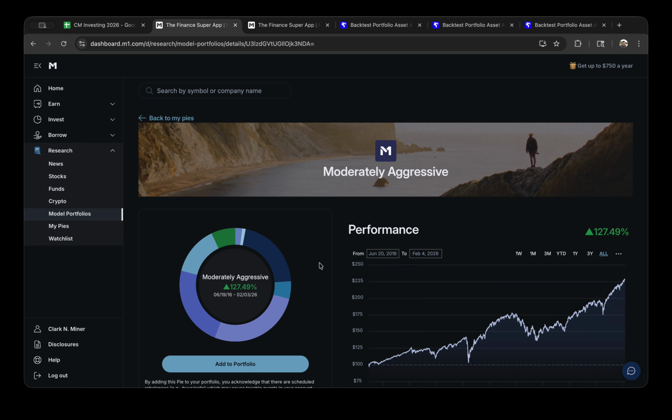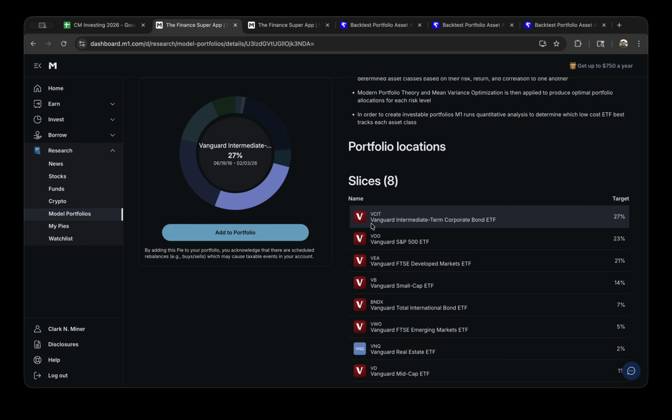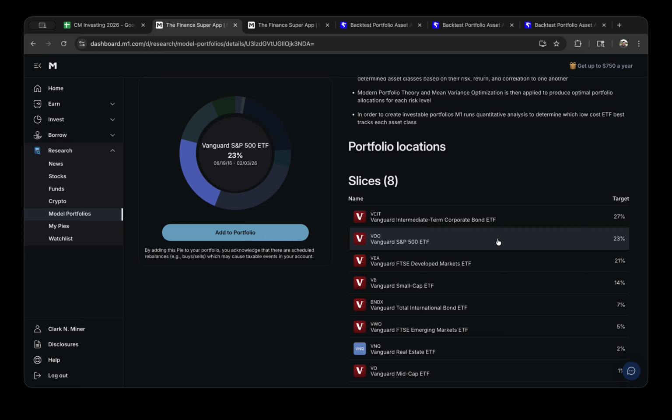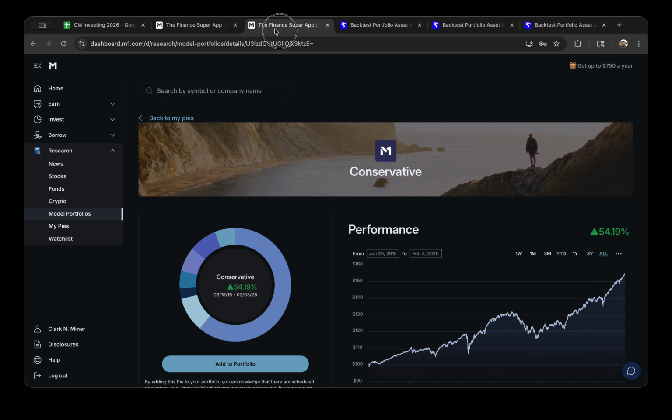Okay, so moderately aggressive portfolio in the last 10 years has gone up 127%, which sounds great, right? And it wasn't always a smooth ride. You can see dips right here. You can see different funds in here that they have for you. So S&P 500, small cap, some bonds, emerging markets, real estate. That's kind of cool. Let's take a look at the conservative portfolio.